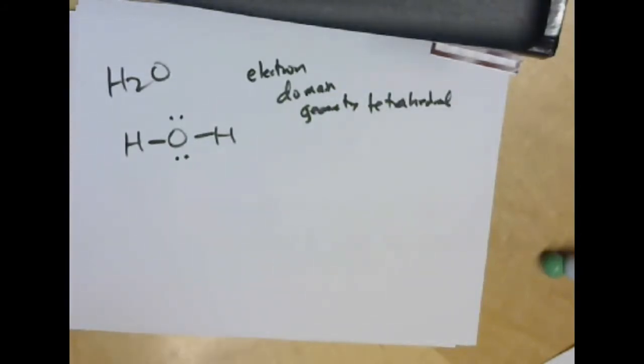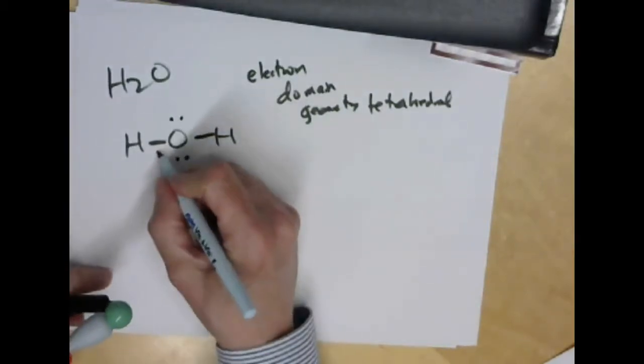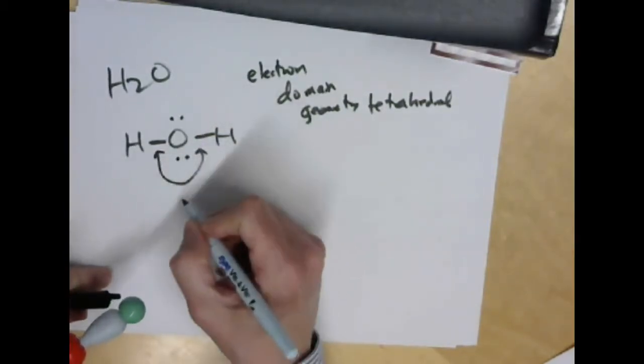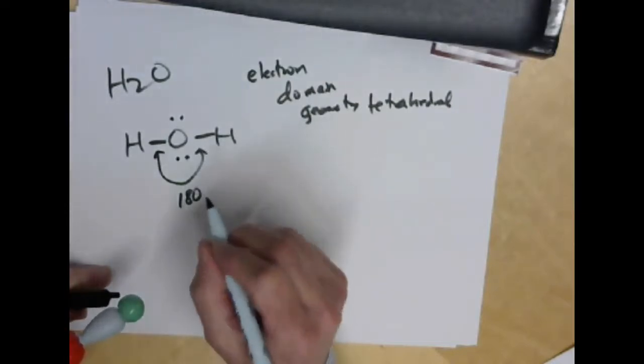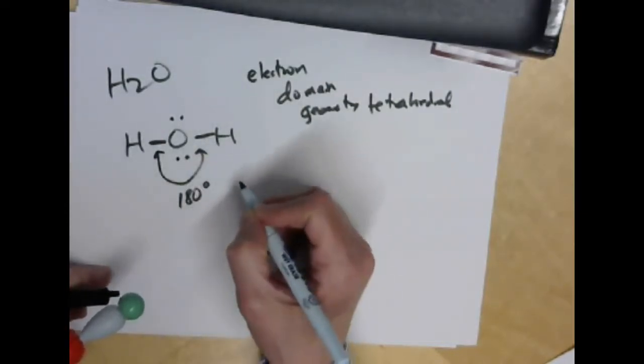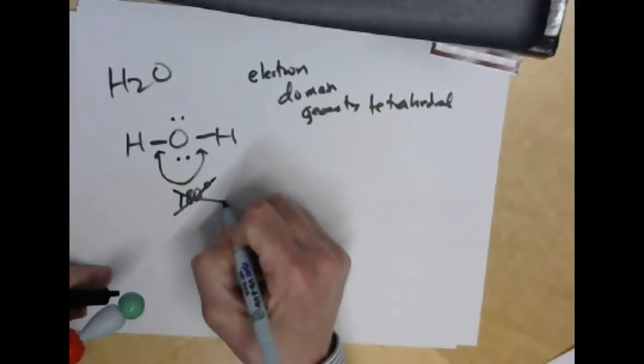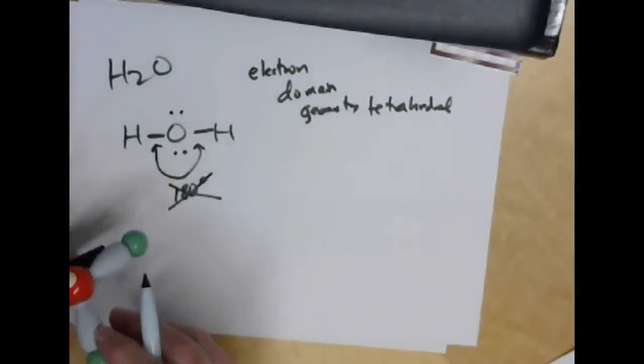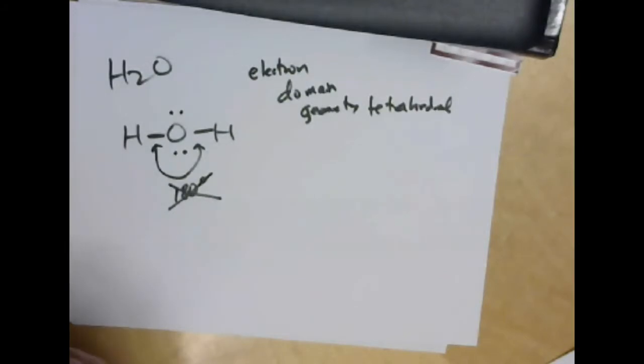But when we look at the shape of this molecule, if you looked at the Lewis structure, and that's legit, you'd think it's 180 degrees. But it's not, because electron domain geometry means that you're starting out with a tetrahedron.